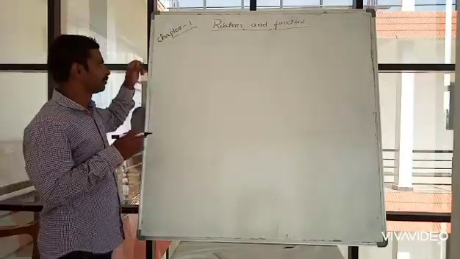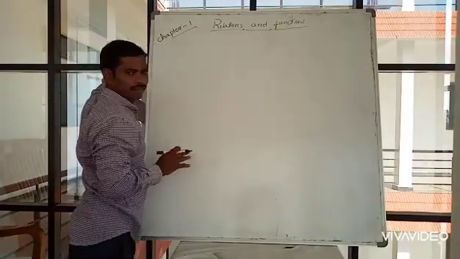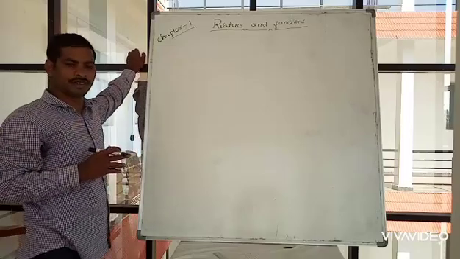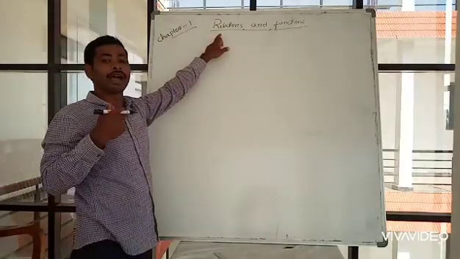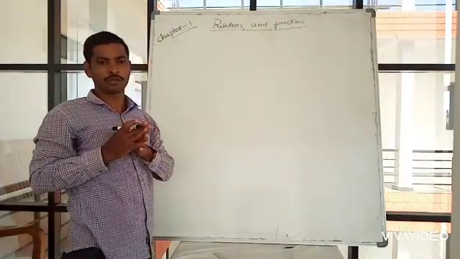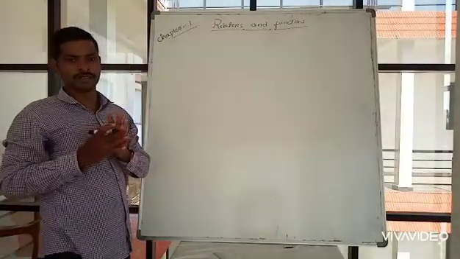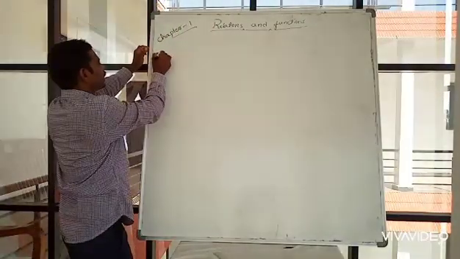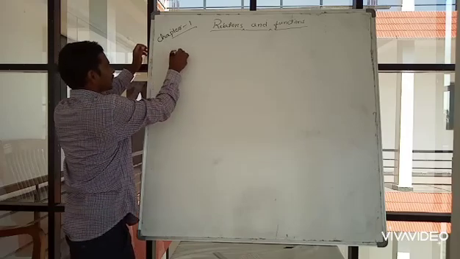In this chapter, relations and functions are all discussed in the regular classes. So relations and the types of relations, functions and the types of functions. Here in this chapter, the remaining concepts are invertible functions.